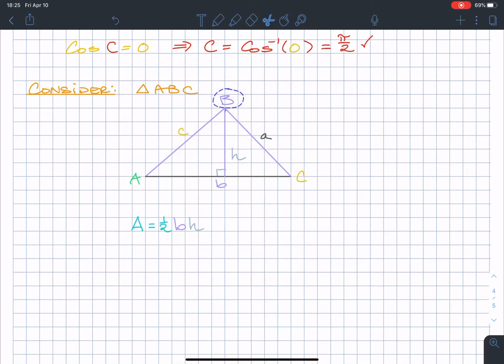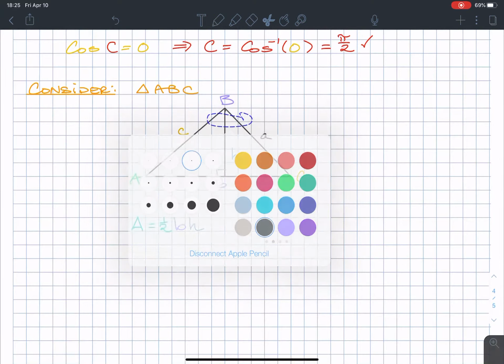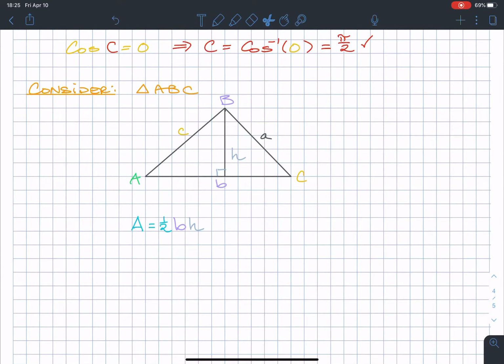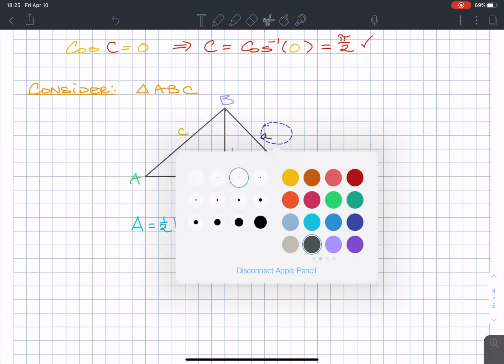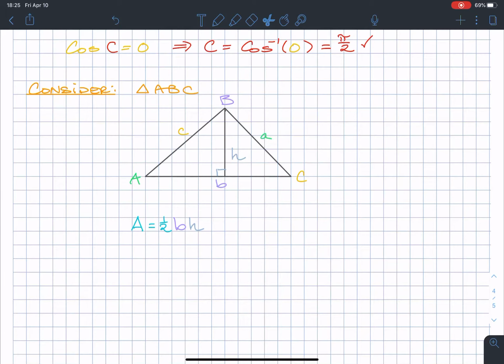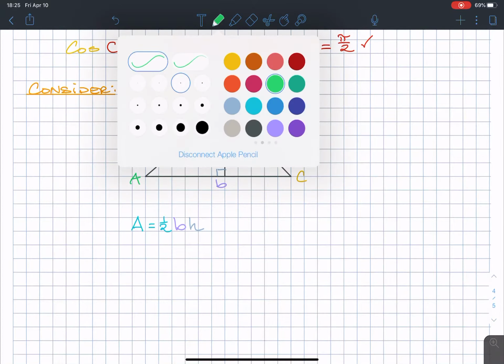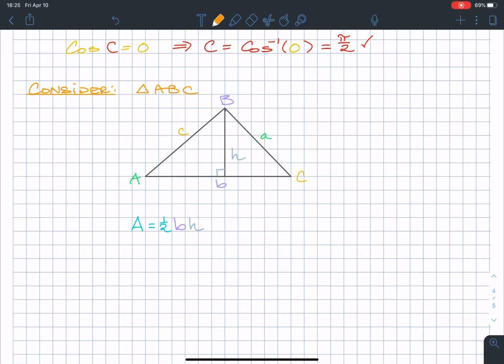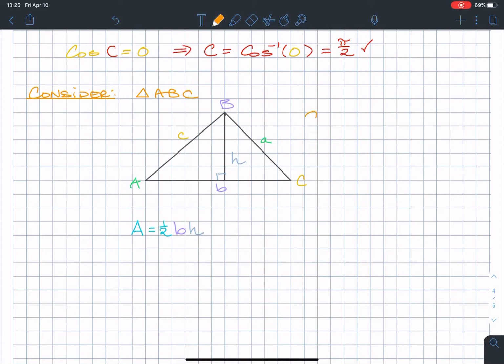Oops, nope. Okay, so what do I know about, change this to green. Let's consider, what color shall I use? Orange. Let's consider sine of angle A.